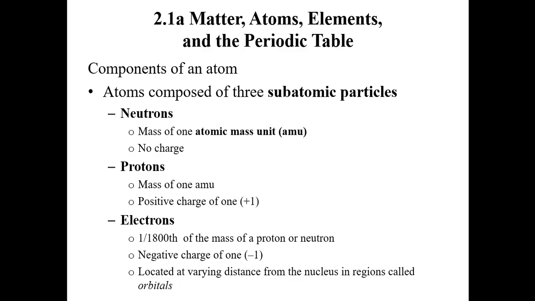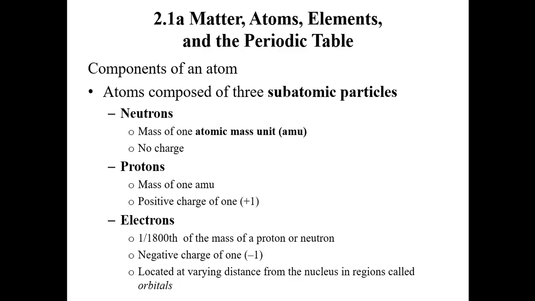Now technically the weight of an electron is basically 0. On the slide here it says 1 of 1/1800. That means basically 0 if you're using a calculator, right? 1 divided by 1,800 is always almost going to be basically 0. All right, so the subatomic particles are neutrons, protons, electrons.